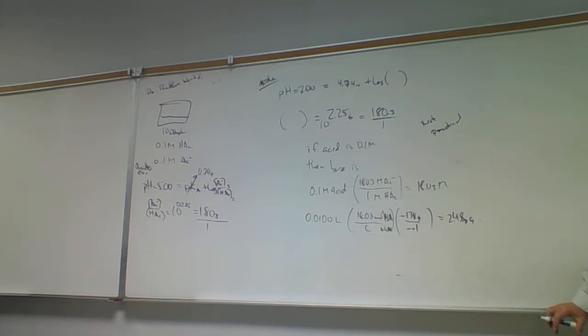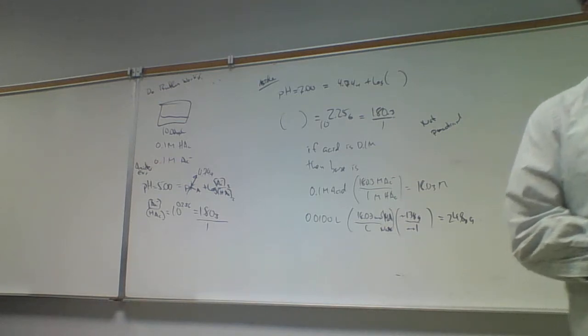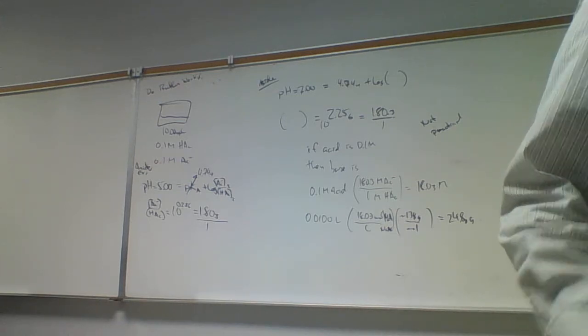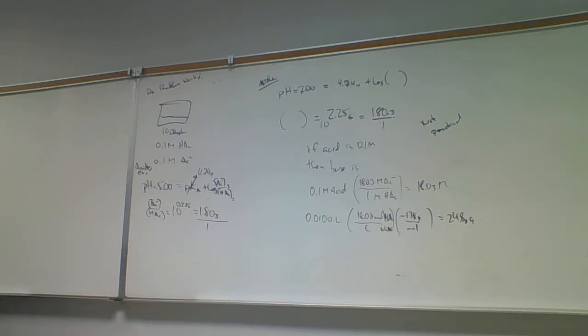We don't want the ratio to go beyond what? We try to keep the ratio within one limit. This ratio is getting too big, 180 to 1.